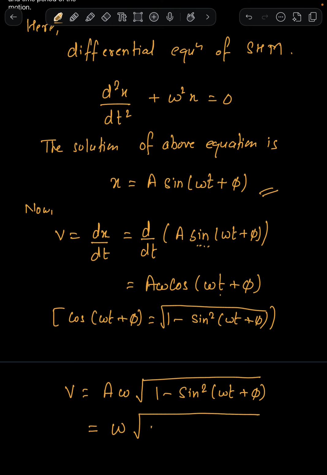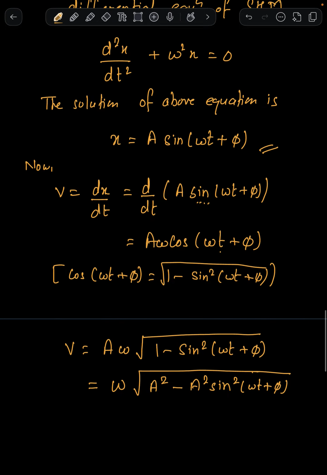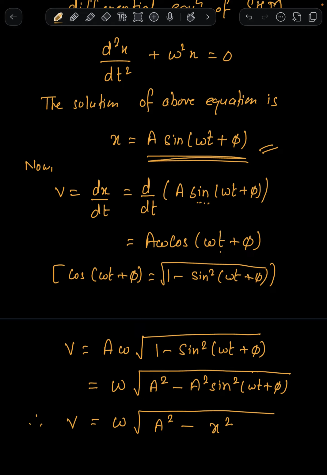Taking a inside, a square minus a square sine square omega t plus phi. So finally this becomes root under a square minus x square, since a sine omega t plus phi is x. This is the expression for velocity in simple harmonic motion.